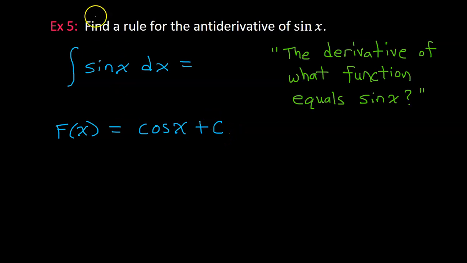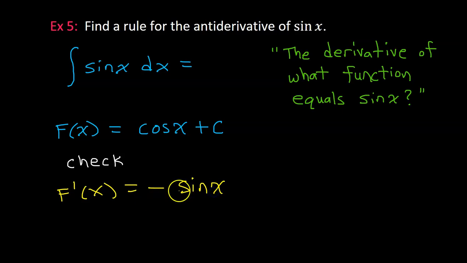So let's go check it and see how close we came. If we take the derivative, we've memorized that the derivative of cosine is actually negative sine x. So that's really close to what we wanted, but we want just plain old sine x, not negative sine x.